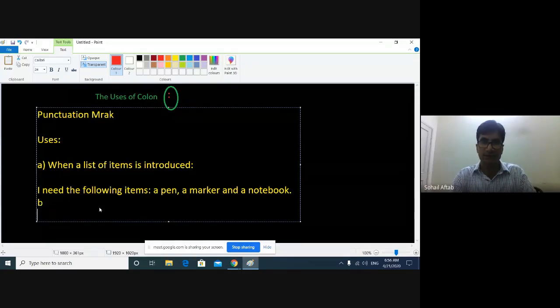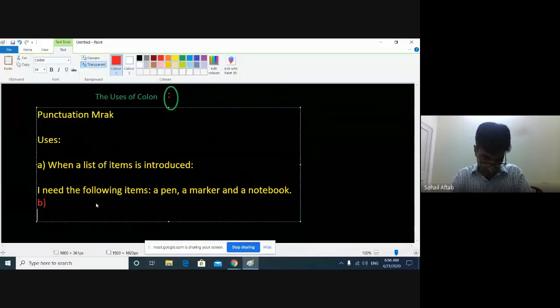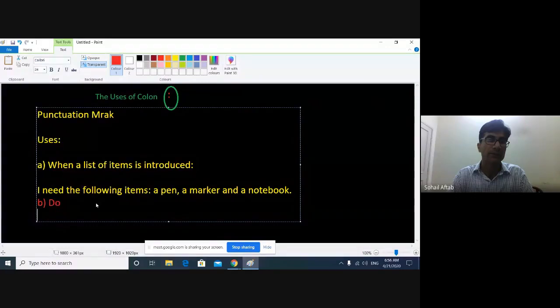Second rule says, do not capitalize the first word after a colon.